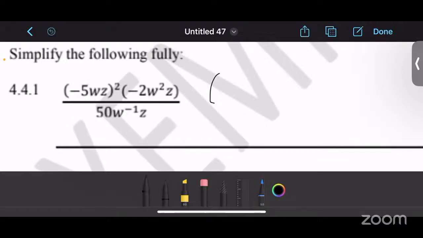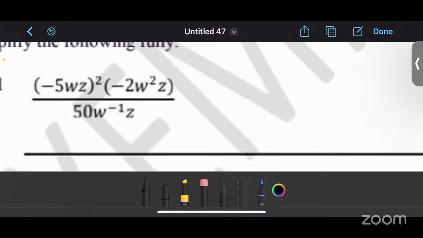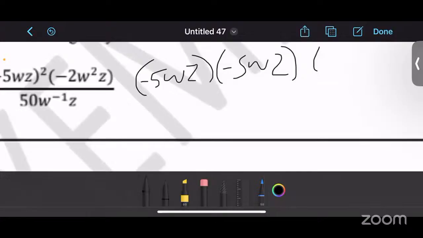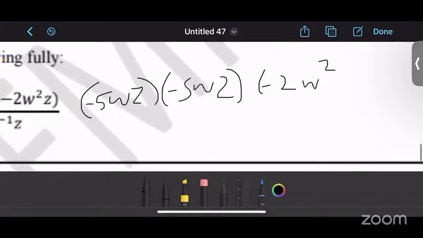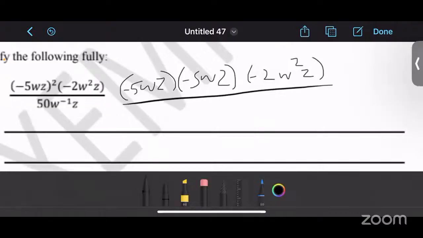I think for you to not get confused by the signs, you're going to open the bracket -5WZ, close the bracket, -5WZ, close the bracket, and then we can write the other one, -2W squared Z, close the bracket, divided by 50W to the power of -1 Z. Okay.